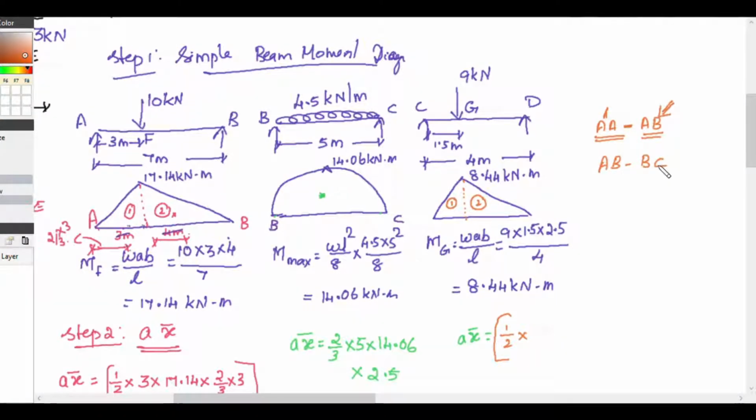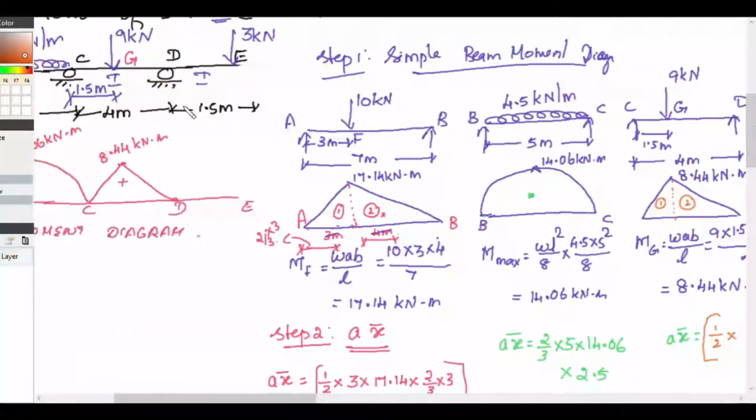That means our x bar should be calculated from A for the span AB and from C for the span BC. Now, our third set of spans will be BC, CD. That means for the span BC, we have to calculate the x bar from B, and for CD, we have to calculate the x bar from D.